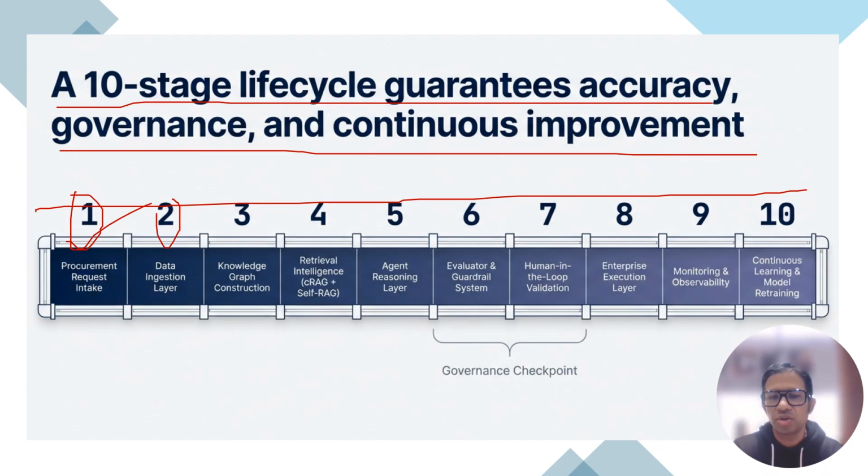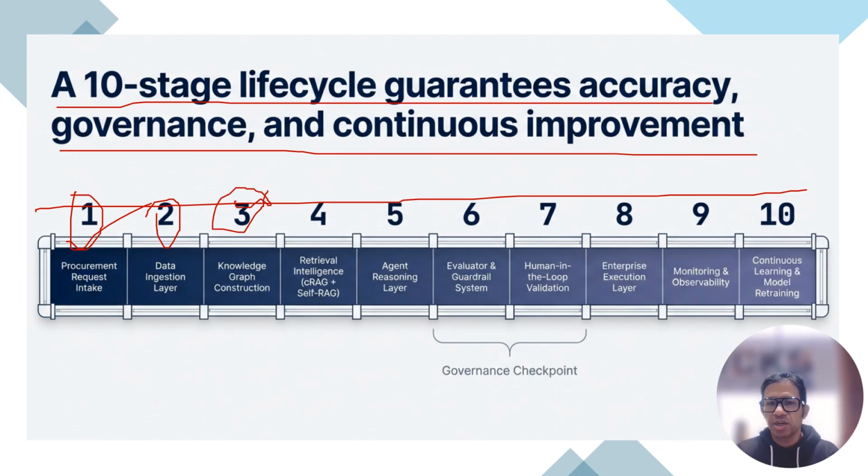Comes to stage 2. Stage 2 is data ingestion. This is where we connect ERP, vendor master, spend history, contracts, policies, invoices, all the structured and unstructured data. Let's come to stage 3.